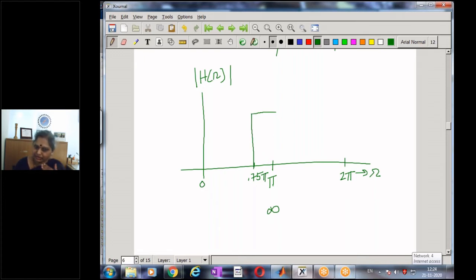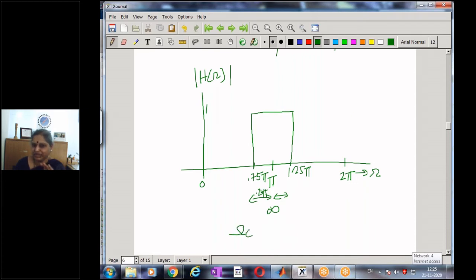By symmetry, this has a width of 0.25 pi, so I need to ensure that this width is also 0.25 pi. So this is my desired frequency specification: a high pass filter with a cutoff of 0.75 pi.